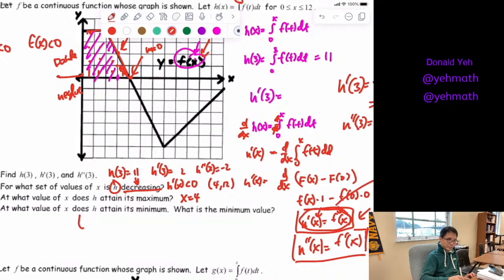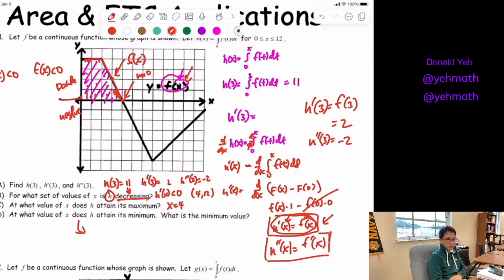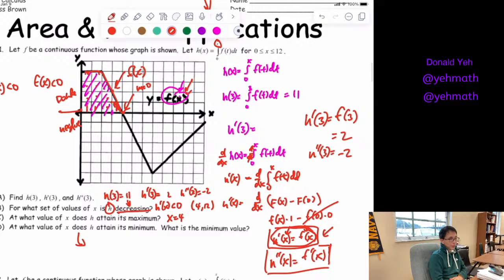It has to be from 0 to 12. Can you tell me what it is? It's one value, an x value. X is equal to what? It's 12. Yeah, because its boundary stops at 12.